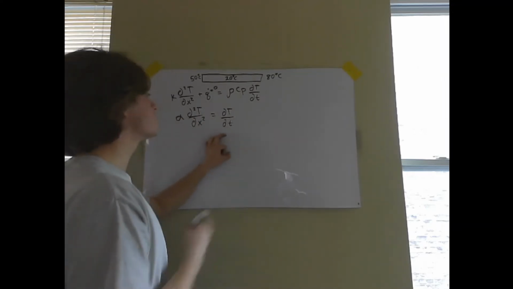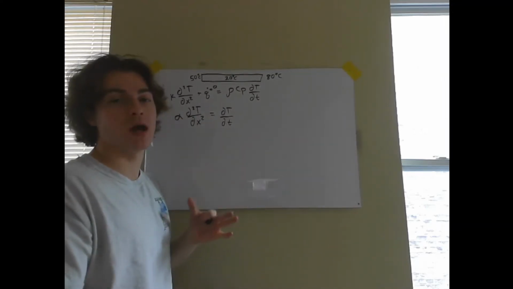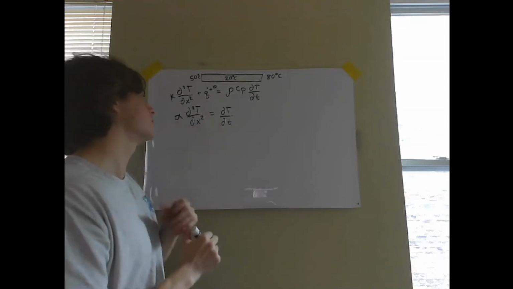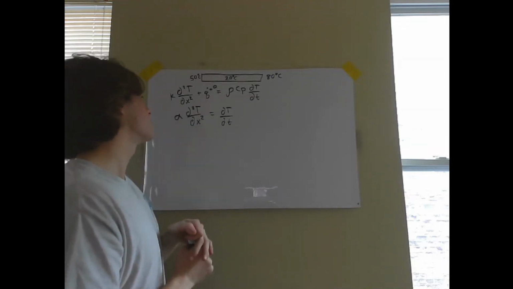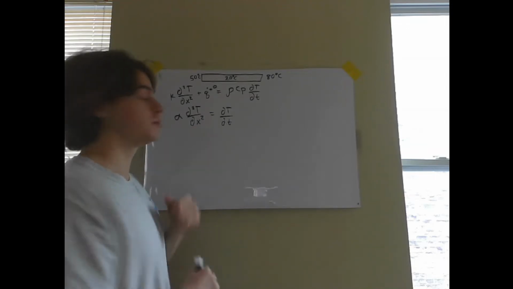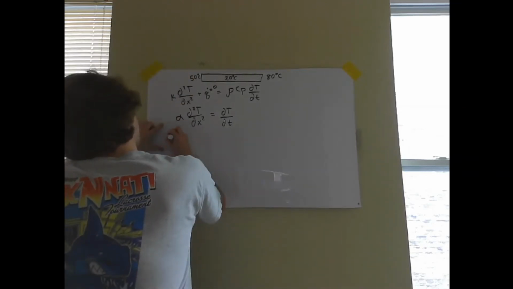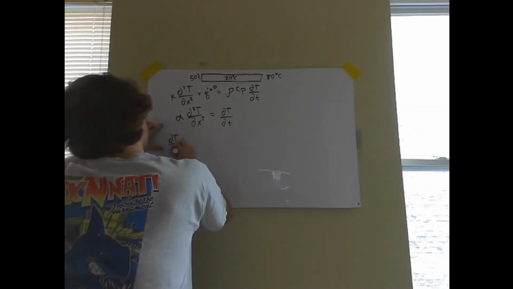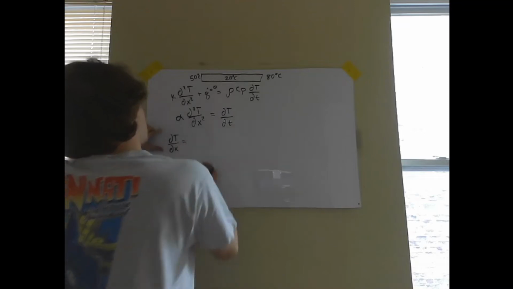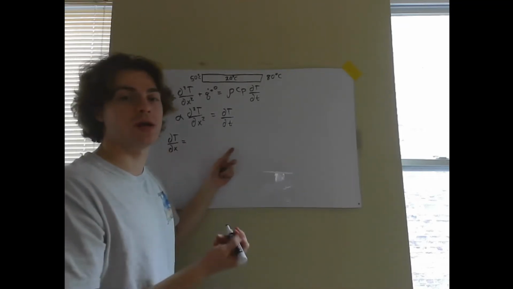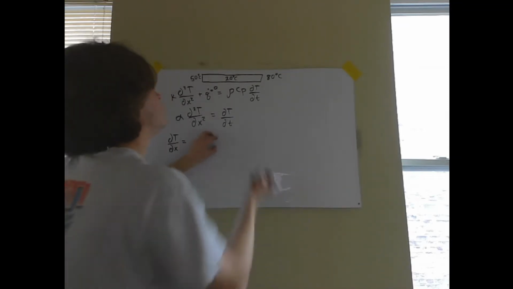And now to solve this problem, we're going to create approximations for both of these derivatives. So I'm going to start with the first derivative, as temperature changes with x. And to approximate this, we're going to divide the bar up into even increments.